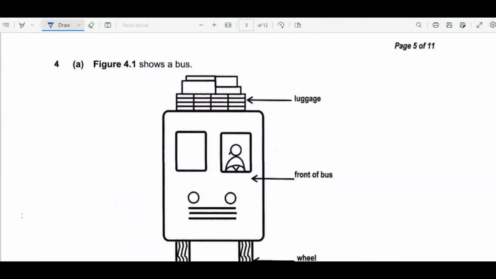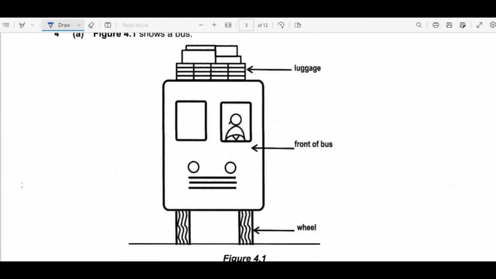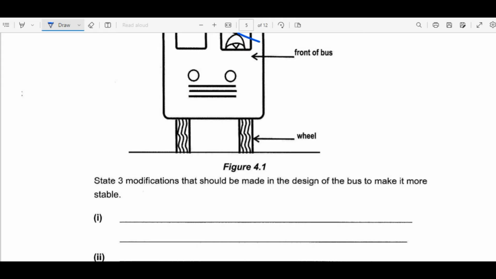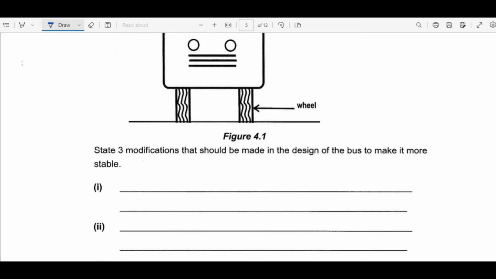Then we have question 4. Figure 4.1 shows a bus. We have the luggage on top here, then in front of the bus we have a wheel. The first question, which is just one question, states 3 modifications that should be made in the design of the bus to make it more stable.